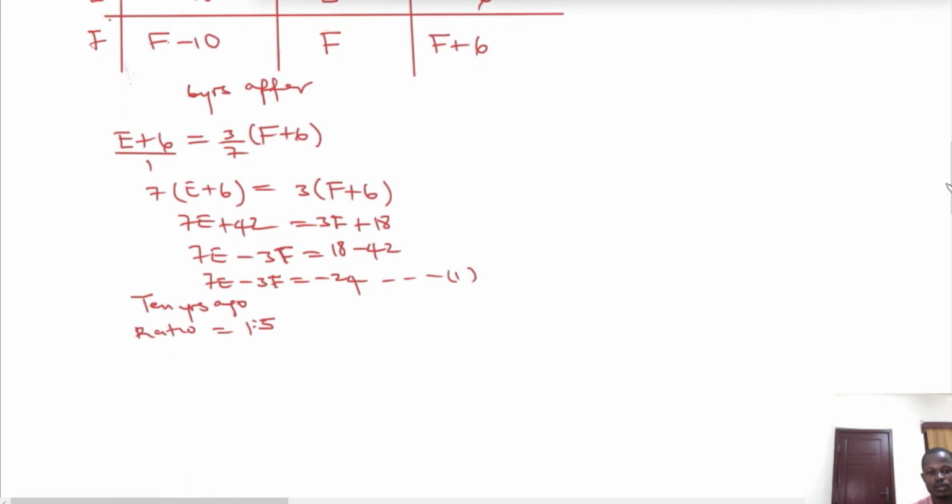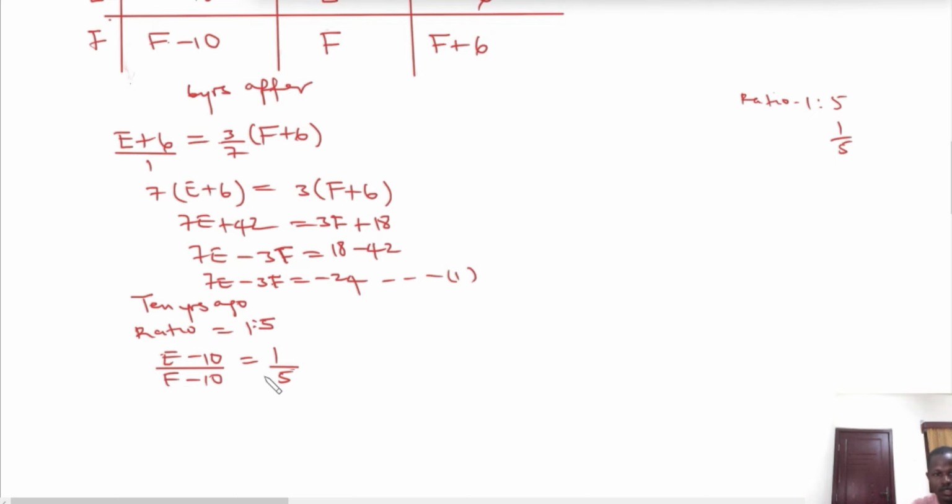So let's try to do this. 10 years ago, E minus 10 all upon F minus 10 is equal to 1:5, which is 1 divided by 5. Remember, ratio means division. 1:5 is the same as 1 upon 5, 1 divided by 5. This is ratio. So make sure you go through the other videos so you can understand this.